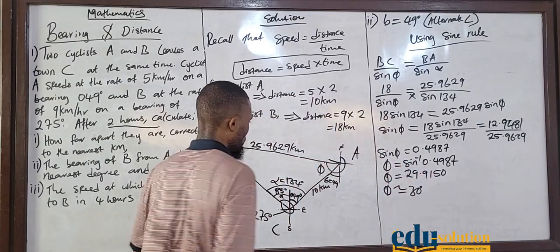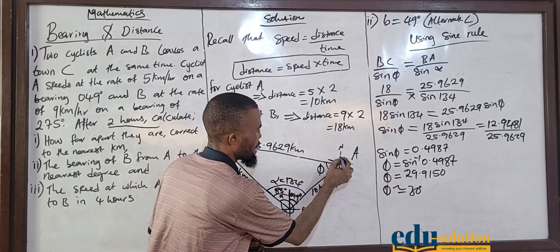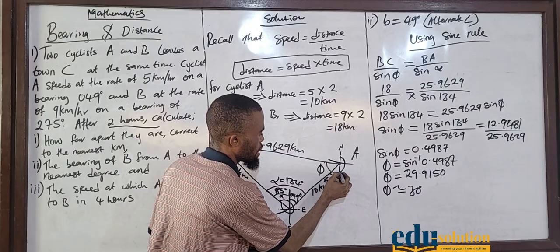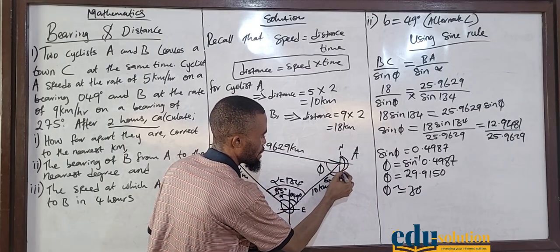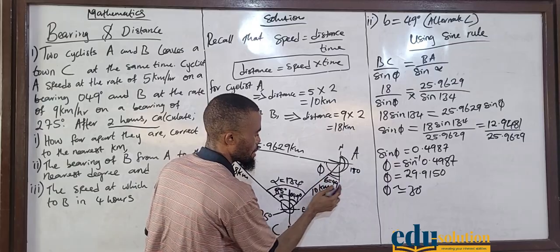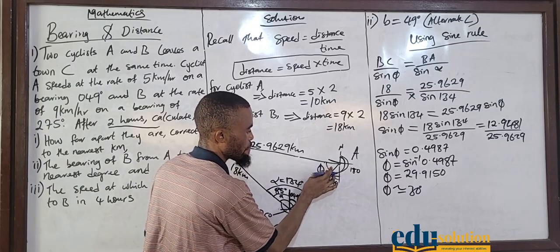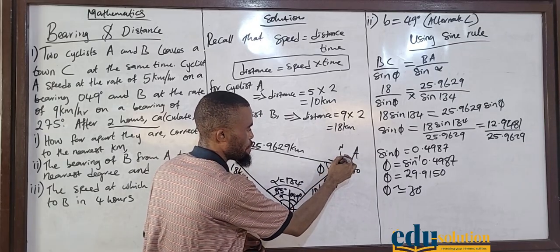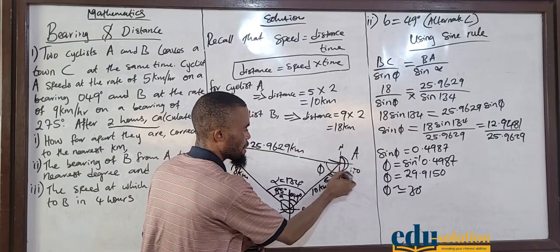Look at it here. From here to here is 180, and then inside of this place is 49, and then we have gotten our phi. So what we are looking for, the bearing of B from A, is from this north down to this line.